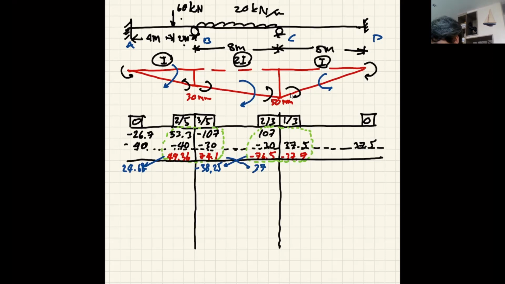Let me do it again. 37.0. And then here we have minus 18. Sorry for my eyesight.